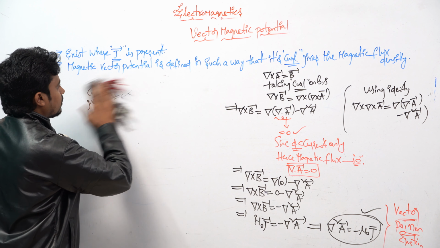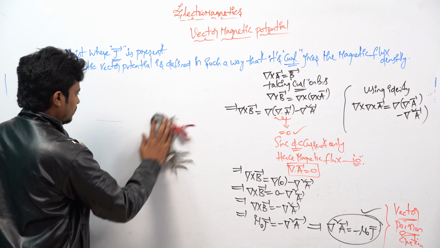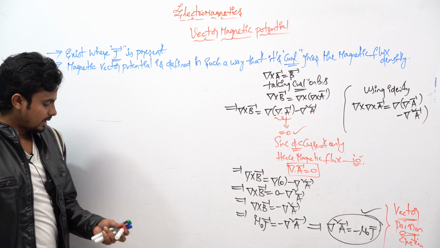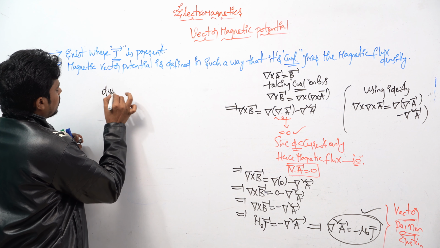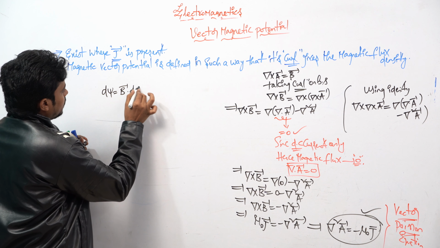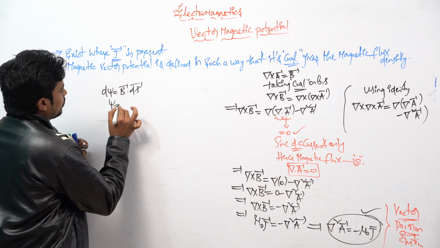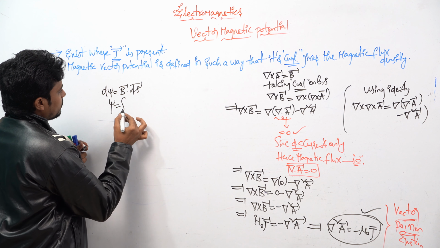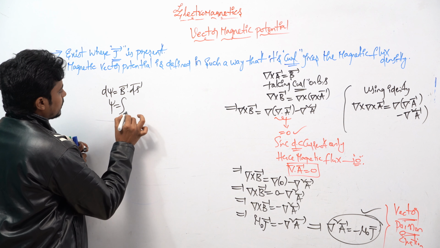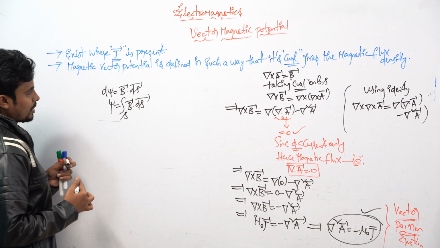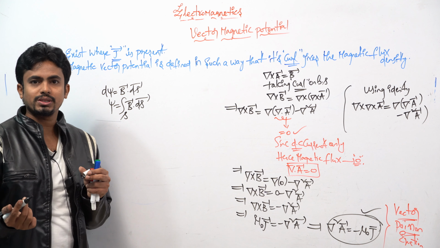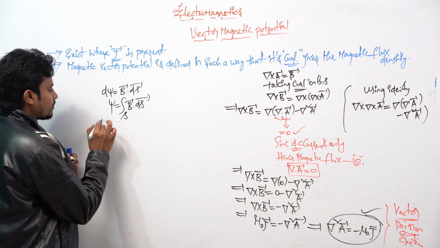Now let's see what will happen if I take a small flux. If I take the small flux d psi, that is equal to B bar dot dS bar, right? If you want psi, what will happen? This will become the integration over S of B bar dot dS bar, right? So if you want to apply Stokes theorem, what will happen?